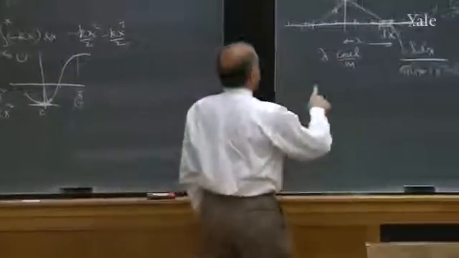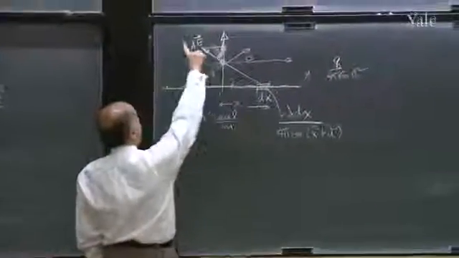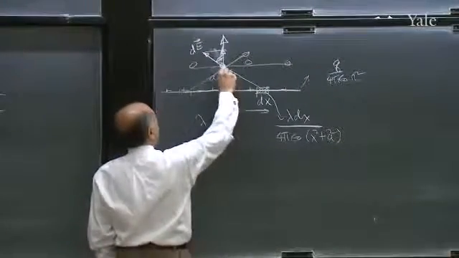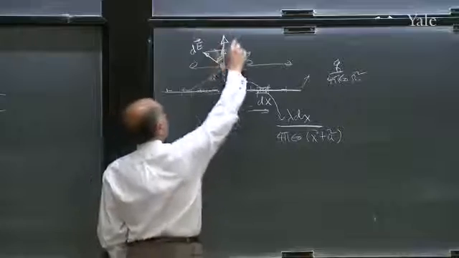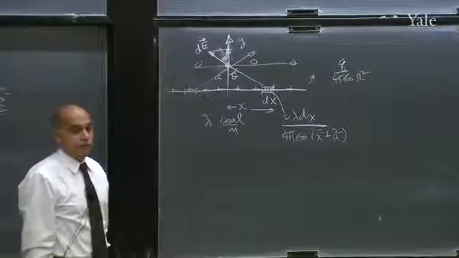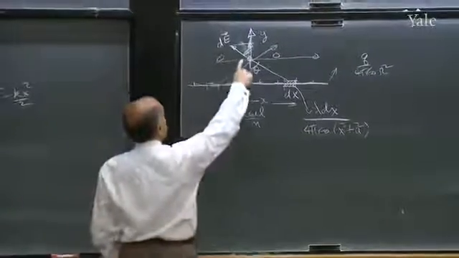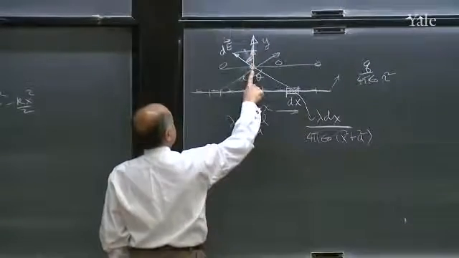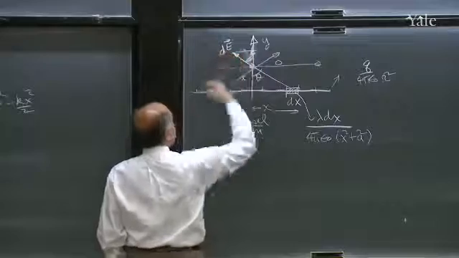But now this is the magnitude of the electric field vector at this angle, but I want the part along the y direction. So I've got to take cosine of that theta. You guys follow that? If you took this vector, this part is dE cosine theta, that part is dE sine theta.